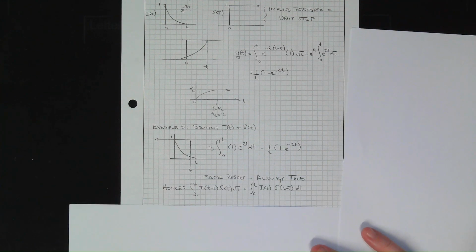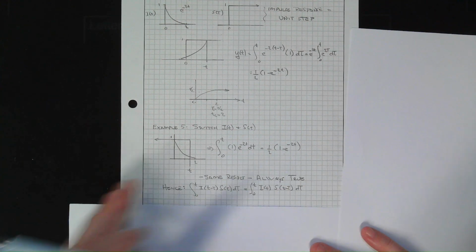But this is an interesting mathematical notion. You can convolve an input with the impulse response, or you can flip them around. It doesn't matter. You get the same answer either way. And with that, we are done with convolution by hand with integration.